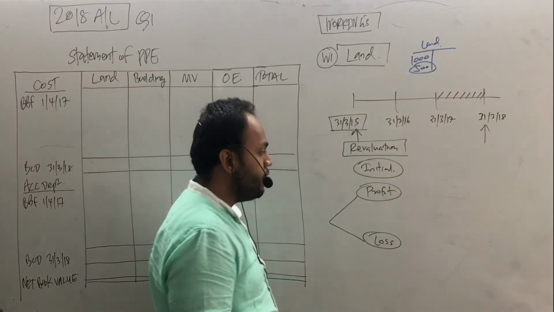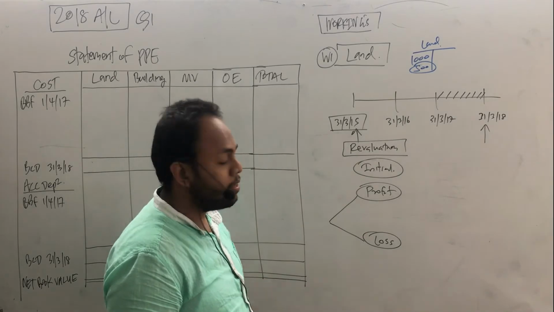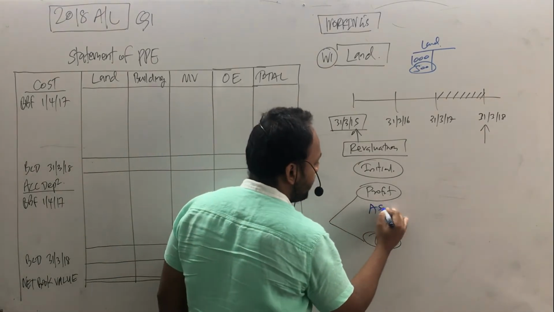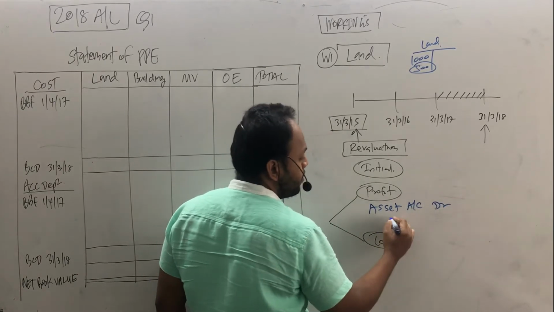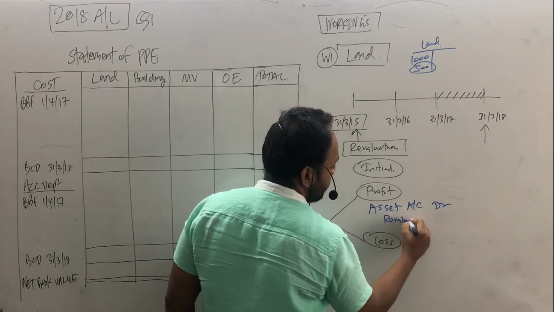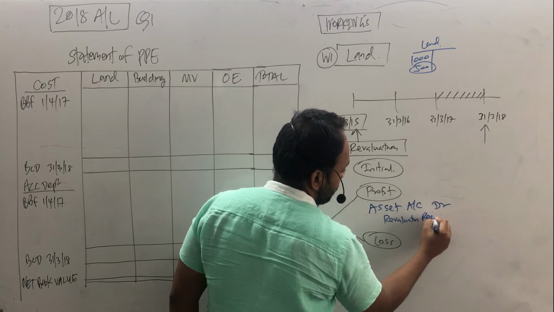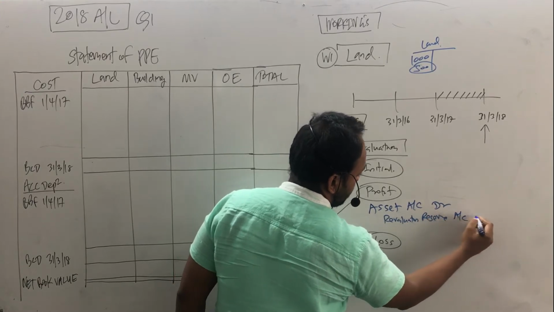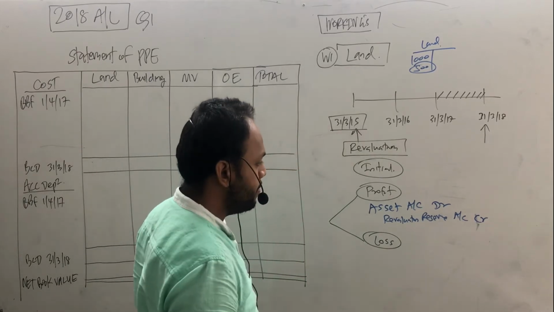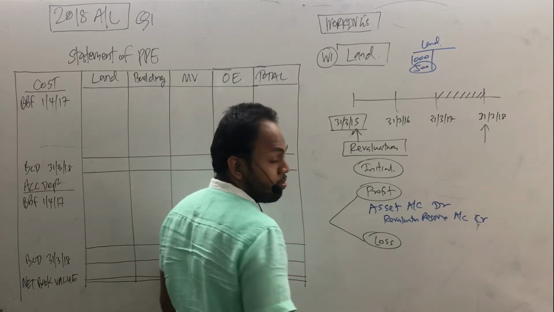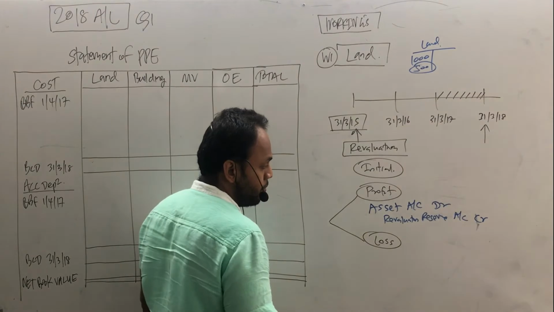If it is a profit, the land value increases, so the asset account will be debited and the revaluation reserve account credited.